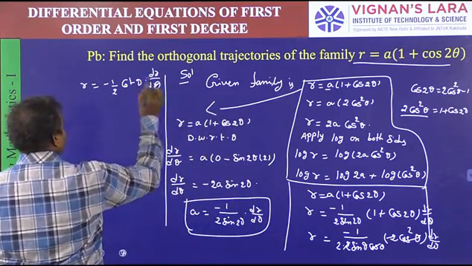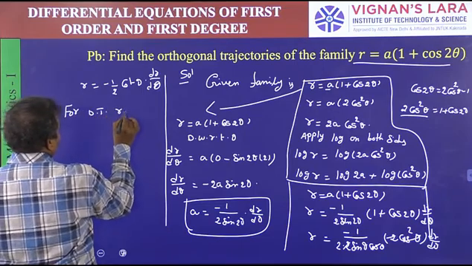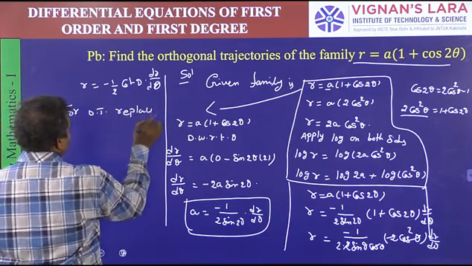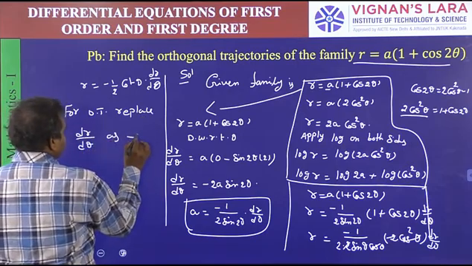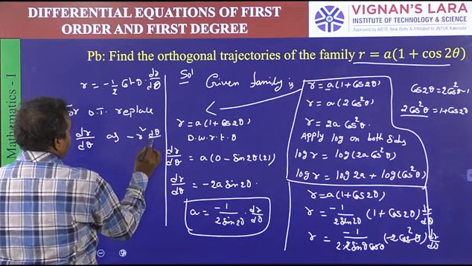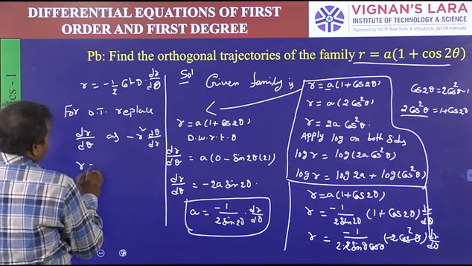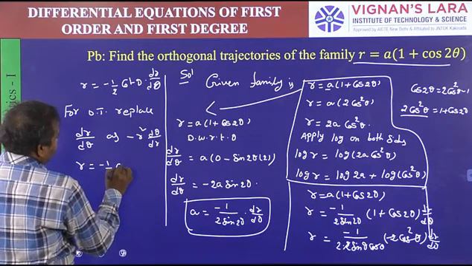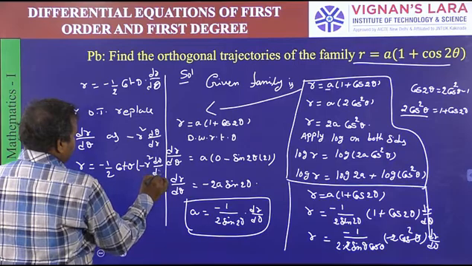So for orthogonal trajectories, replace dr by d theta with minus r square d theta by dr. So r is equal to minus 1 by 2 cot theta times minus r square d theta by dr.